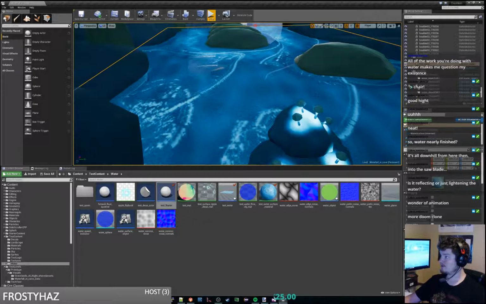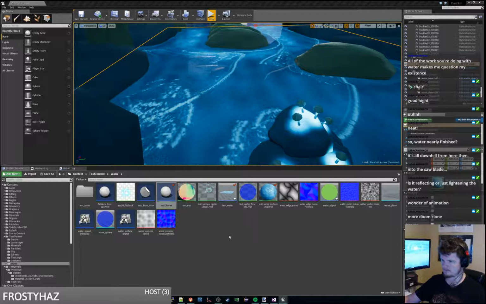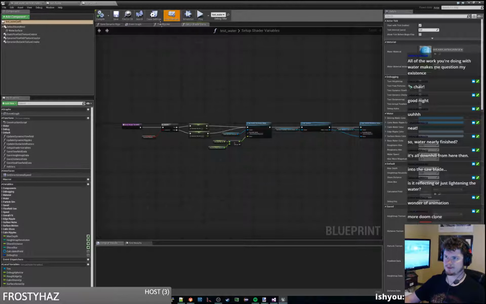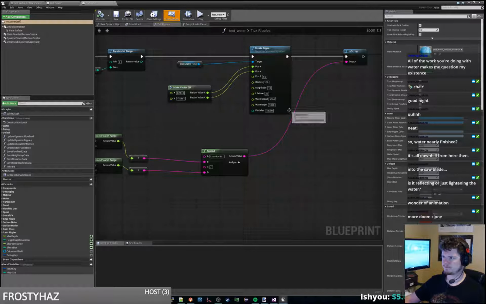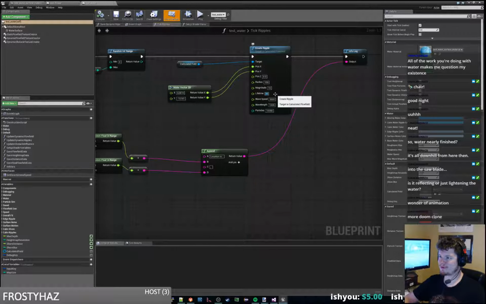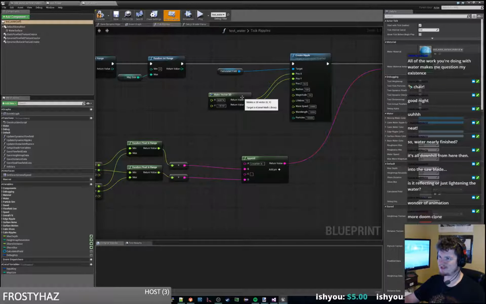Let's test out some other types of waves. The wave that we're using right now is a very long-lived wave with a lot of particles, which isn't the best. It lasts for 30 seconds, right? That's just a ridiculous time.